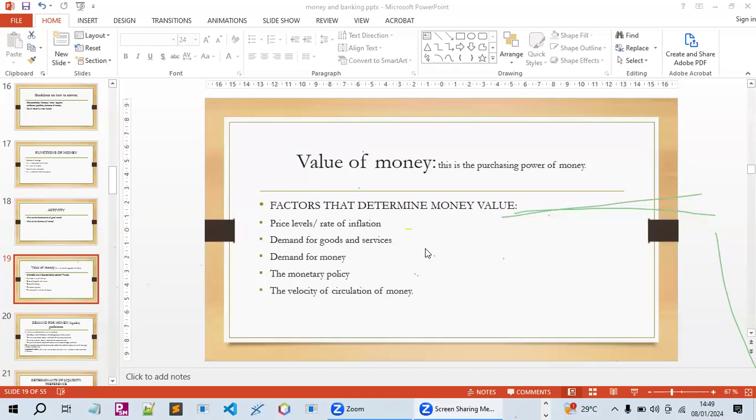And when the prices are high, a unit of money used to purchase commodities can only purchase low levels of that commodity. And remember, the value of money depreciates whenever a unit of money purchases less of the commodity. I hope you've understood that part.